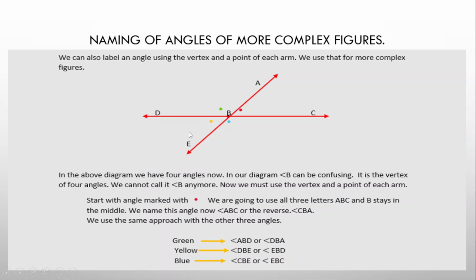The third one, yellow, we call that DBE or EBD. And lastly, the one marked with a blue dot, we call that CBE or EBC.